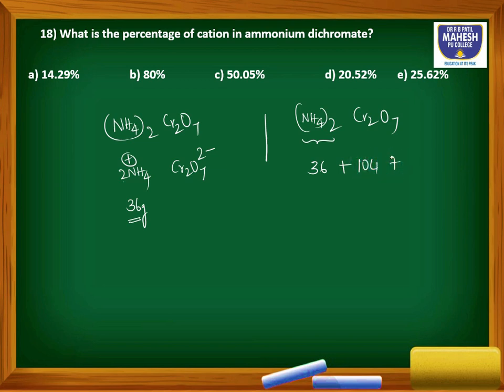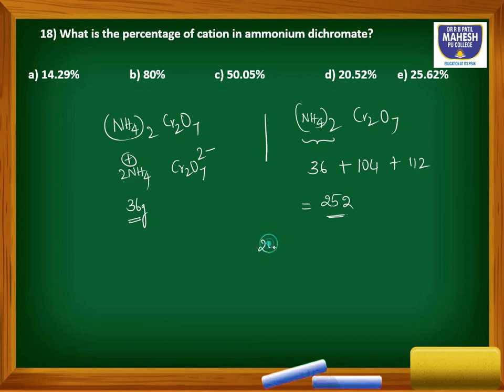Plus oxygen, we know that it is 16. 16 into 7 comes out to be 112. So the total value is going to be 112 plus 104 plus 36. That comes out to be 252.